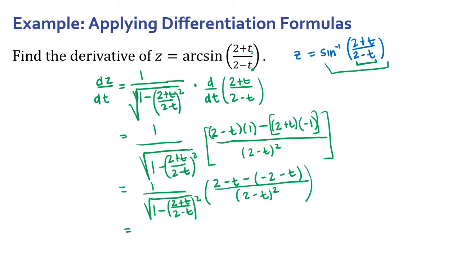So that's going to become 1 over the square root of 1 minus (2 plus t over 2 minus t) quantity squared times, okay, so I'm going to get 2 minus a -2 is 2 plus 2, so that's going to be 4, and then -t minus a -t becomes -t plus t, which is 0, all over (2 minus t) quantity squared. And we can leave it just like that.